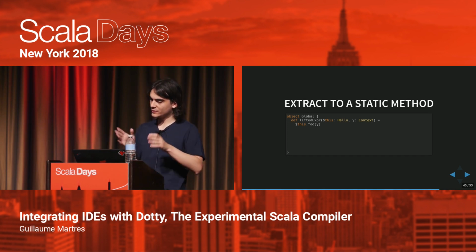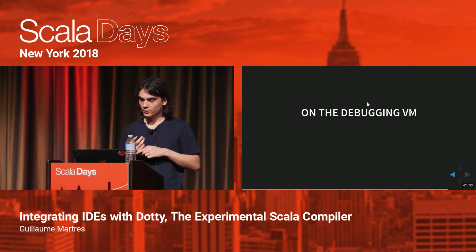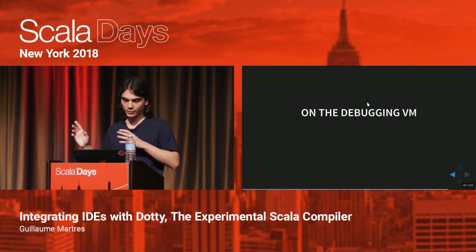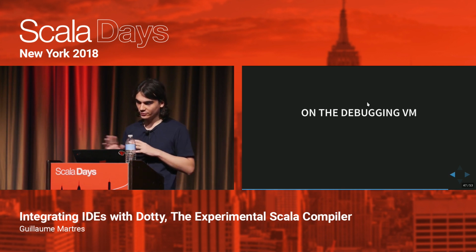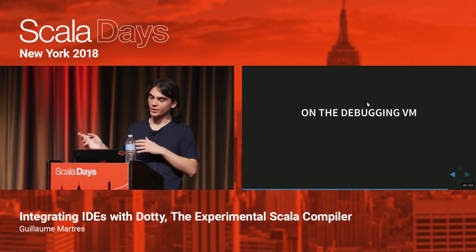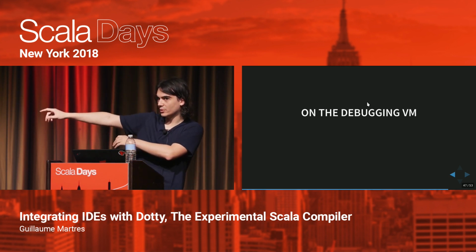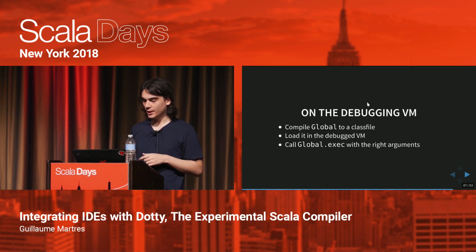But again, this is still code in our local VM, which is talking to a remote VM. So how do we do this? We're going to do this in a very quirky way, but the simplest way I could think of is we're going to compile this static global object to a class file. We're going to somehow send it over to the remote JVM, and then we're going to ask the remote JVM, hey, can you call global.exec with the right arguments?